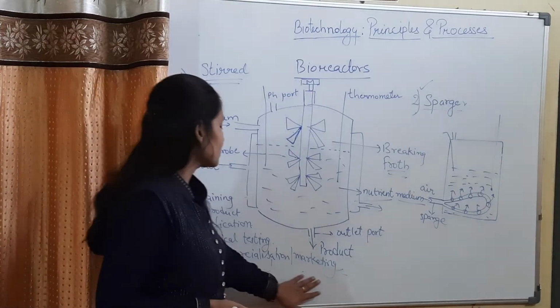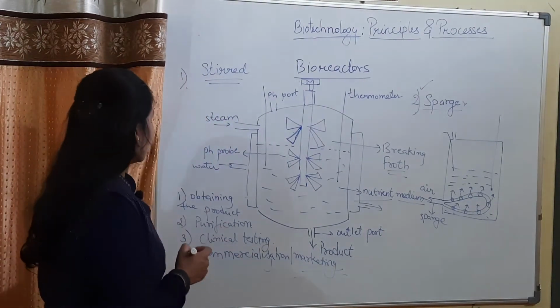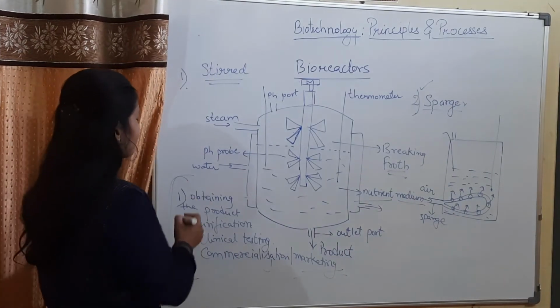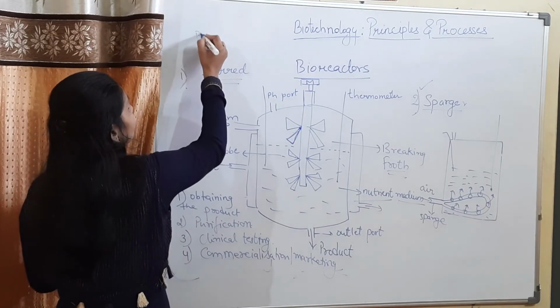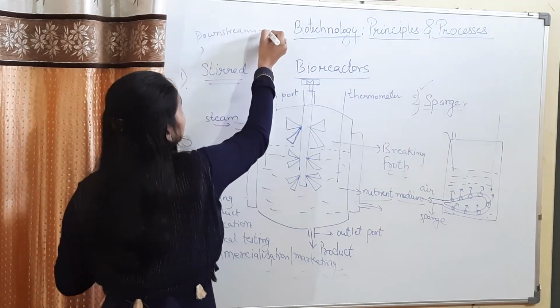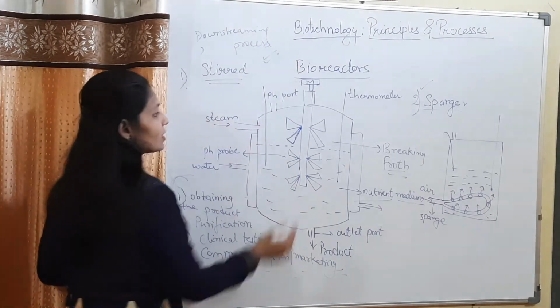So the last step is marketing after we have done enough clinical trials. So this is the procedure. These four steps come under the downstreaming process. So this is done for large scale.